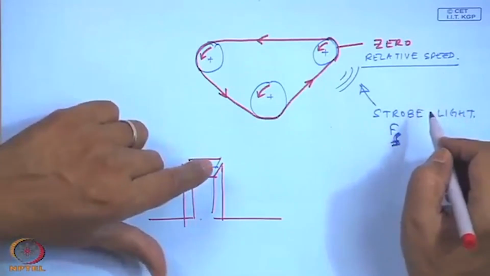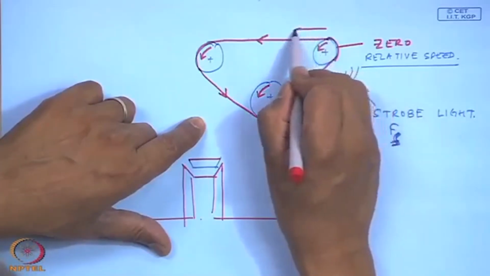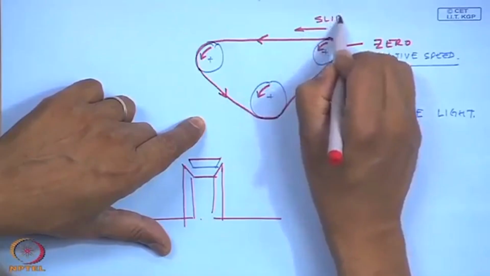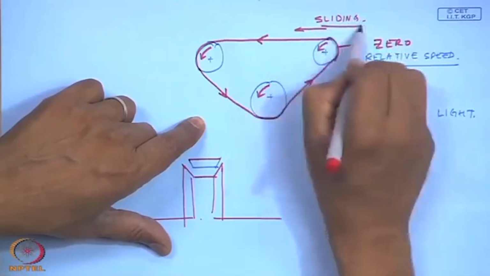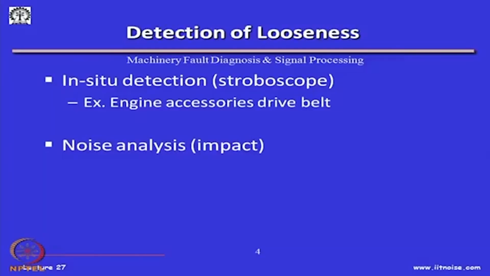If they were not stationary, the belt would gradually look to be sliding on the stroboscopic image. And those of you who have seen it, particularly with the engine fan belt, if it is slipping over the pulley, they shoot a strobe light onto the engine fan belt and find out such things.